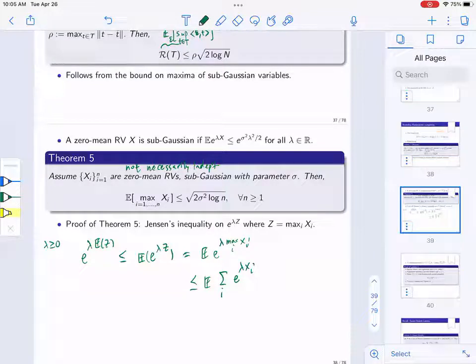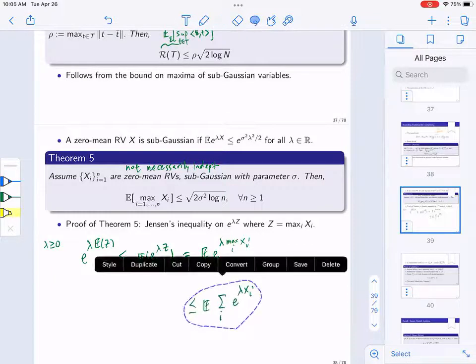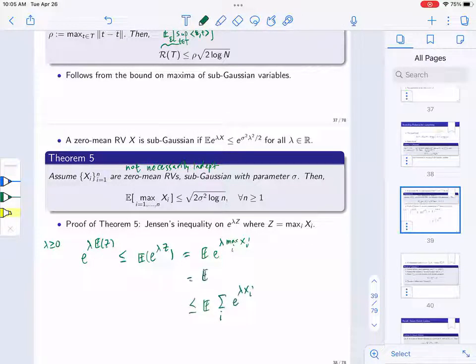So it's like e to the lambda x_1, e to the lambda x_2; you're looking at the maximum. This is equal to the maximum of e to the lambda x_i, because of the monotonicity, and then we get that.